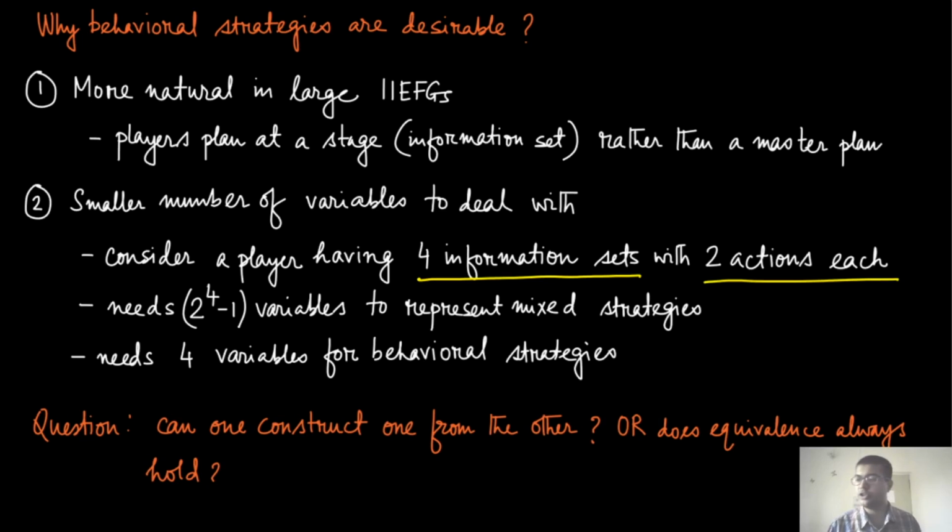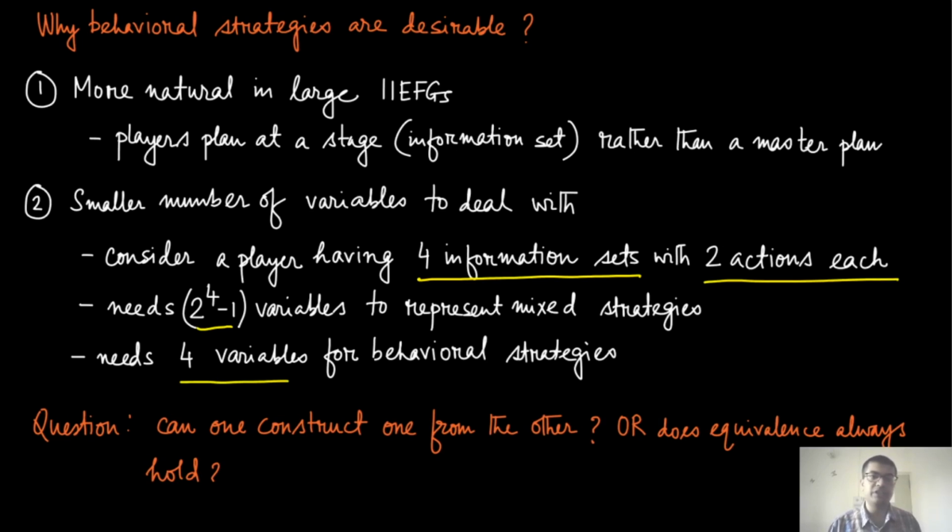So the degrees of freedom will be 2 to the power 4 minus 1. This many variables will represent the mixed strategy of that player, which is exponential in the number of information sets. But for the behavioral strategy, you just need to consider 4 variables, because at every stage you just have 1 variable, denoting the probability of picking one of the actions. The other action will be 1 minus that.